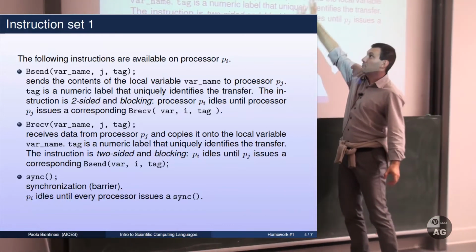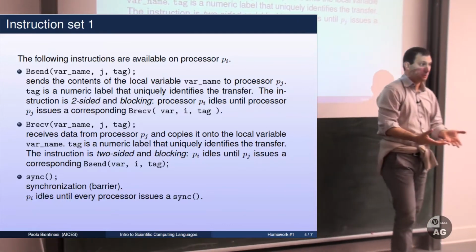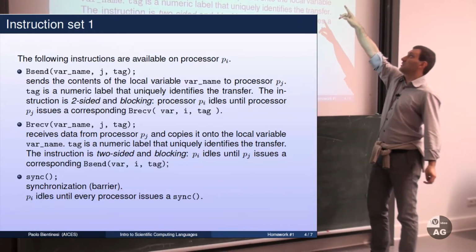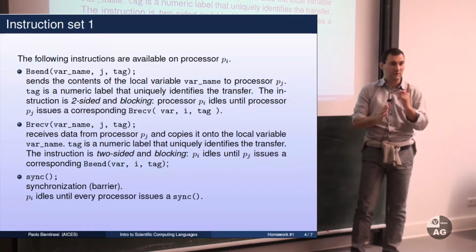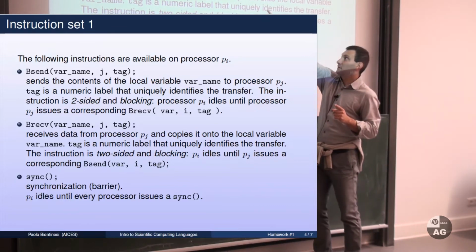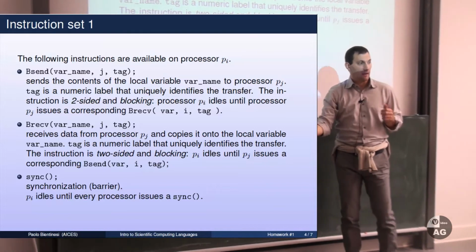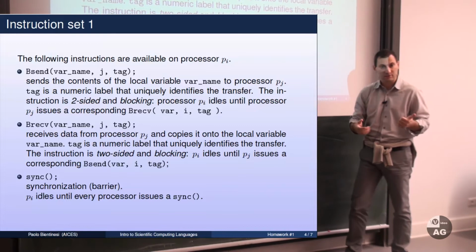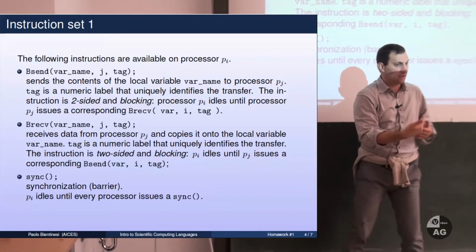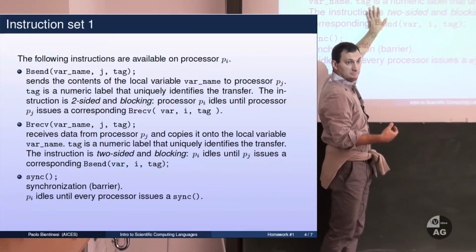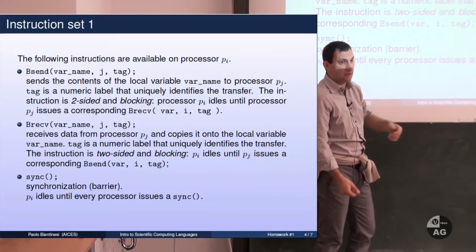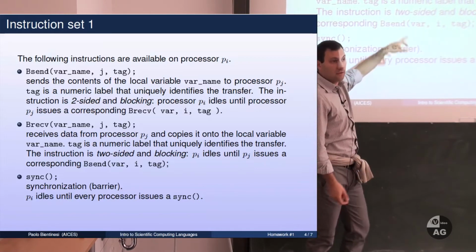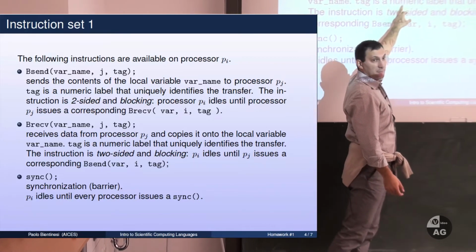So what I describe here are instructions that I say are available on processor I. So processor number I can send something to processor number j. And I'm telling you that this send doesn't go through, so nothing happens until processor j here issues a receive. Okay, not only does j need to issue a receive, but it has to have the same tag.